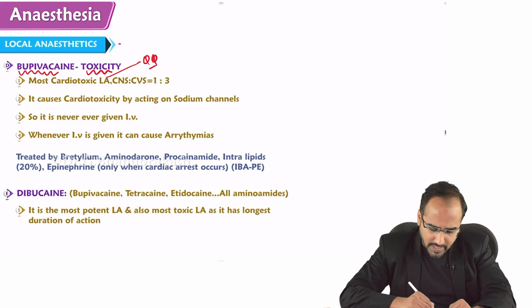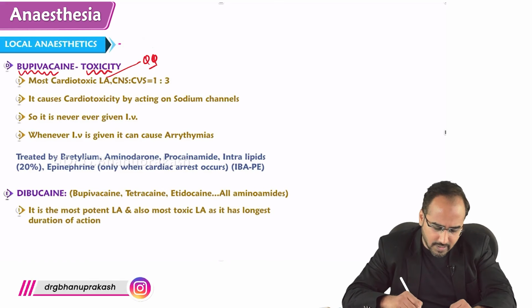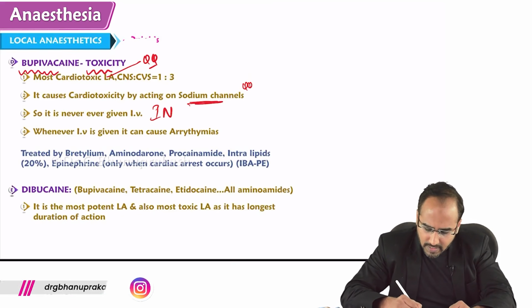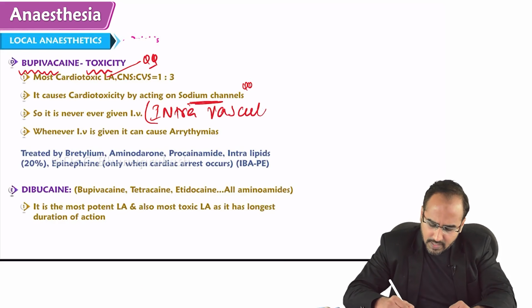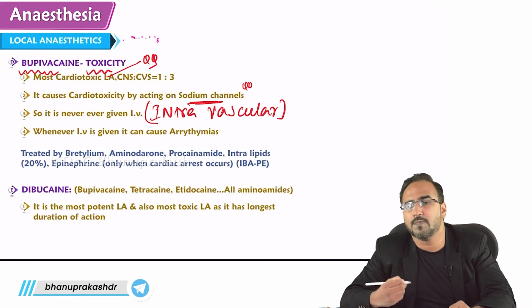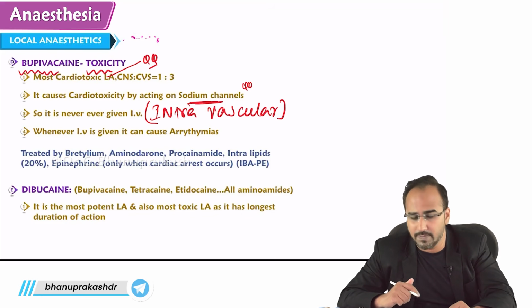So remember guys, bupivacaine is the most cardiotoxic local anesthetic. It causes cardiotoxicity by acting on what channels? By acting on sodium channels, right? So it should never be given intravascular. If you give intravascular bupivacaine, then you should be ready with the drugs to manage the complications of it.